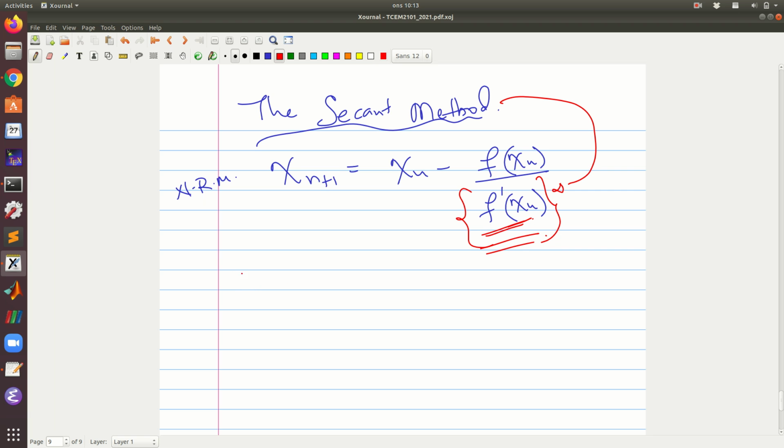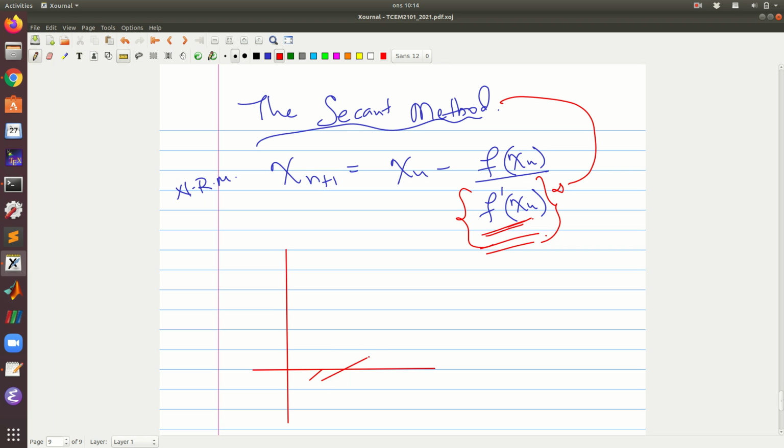Some of these functions exist in real life and they are quite complicated to compute the derivatives of. So we shall avoid that by getting an approximation to the derivative using something very simple from our calculus.